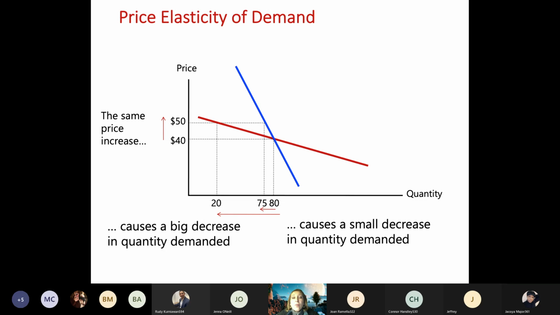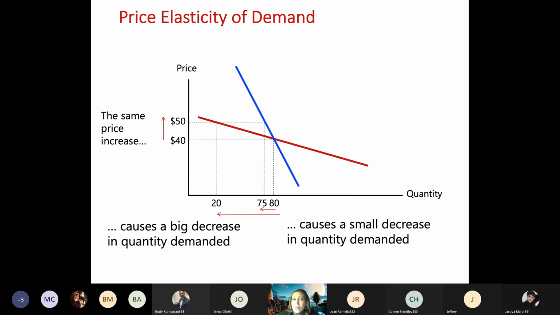So really, we have a pretty large increase in price and a very small decrease in quantity in the case of the blue curve. Now, if we look at the red curve, then the same increase in price causes a much larger decrease in quantity, from 80 to 20 hats. That's a huge decrease, right? As if a small change in price suddenly made all the buyers disappear.